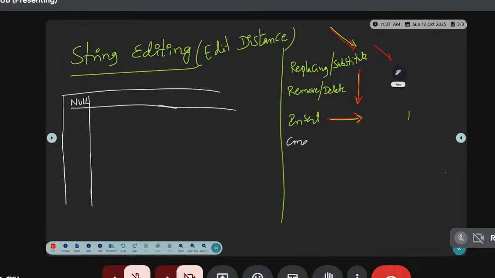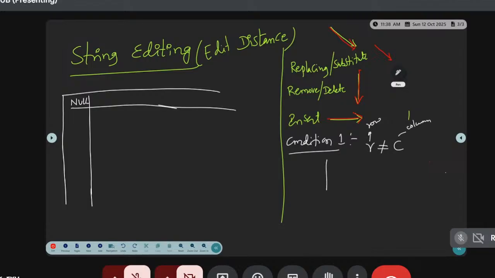Condition one, note down here: when R is not equal to C. What are R and C? I said it is a matrix, so row and column. If you want, you can write R for row and C for column.